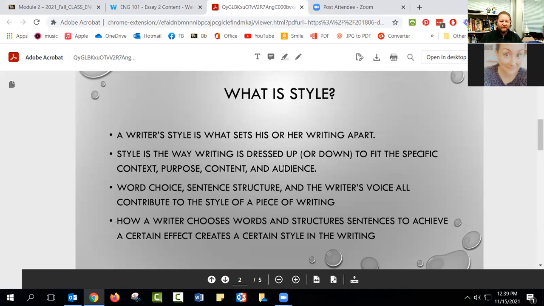So these are a lot of things that a lot of writers don't think about when they're writing an essay for an English course. Think about the context, the purpose, the content of the essay, and the intended audience. So as I said before, if you think about the audience, who might be someone that would read your essay, regardless of whatever your topic is, think about who that person is, and that'll help you discover what kind of style you should be writing for.